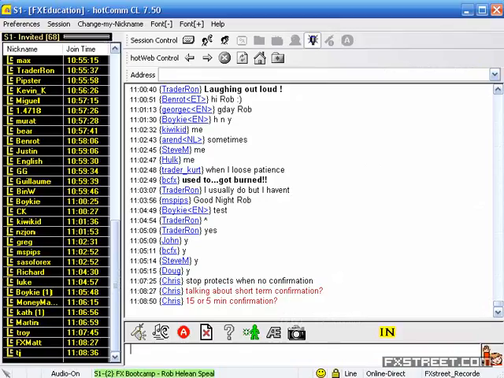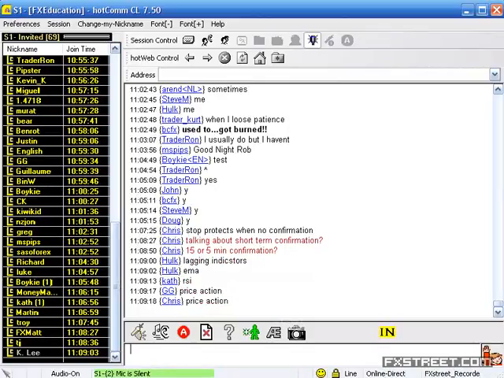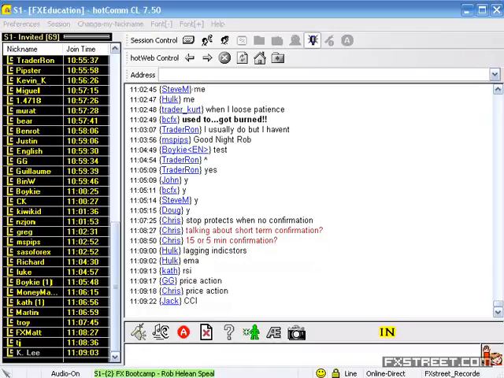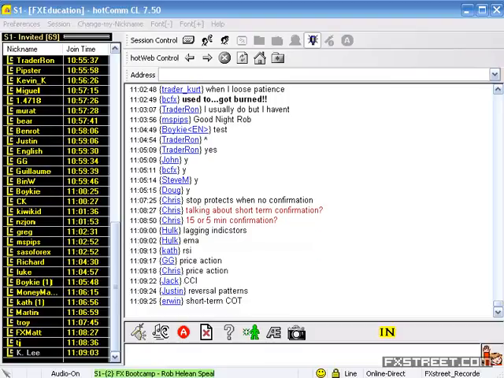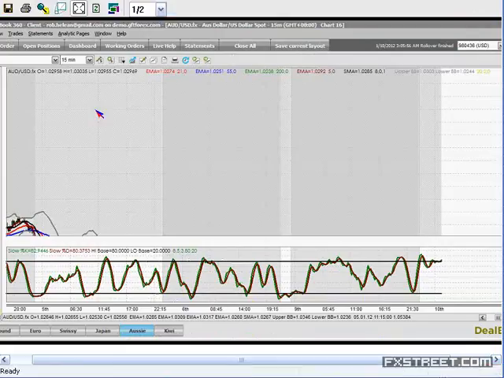Out of your trading toolbox, what are you calling on? Okay. Price action, a bit of RSI, CCI. Okay, good. Reversal patterns, good. That is a question I'll get: what shall I be using?